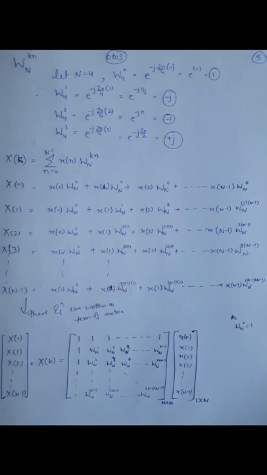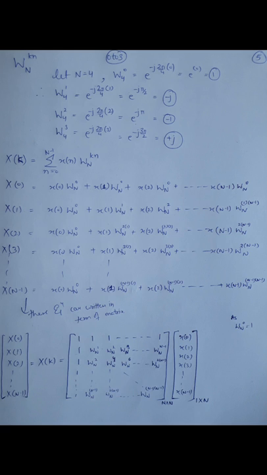Now for N equal to 4, we have to find the values of W40, W41, W42 and W43. W40 is equal to 1, W41 is equal to minus j, W42 is equal to minus 1 and W43 is equal to plus j.